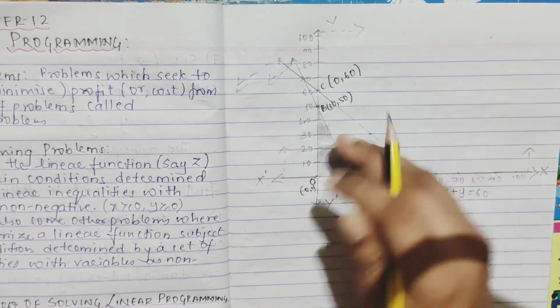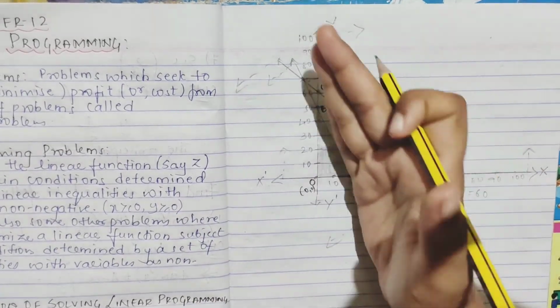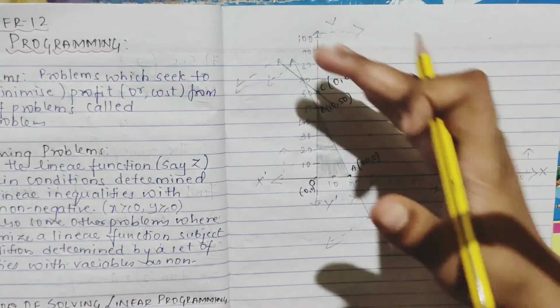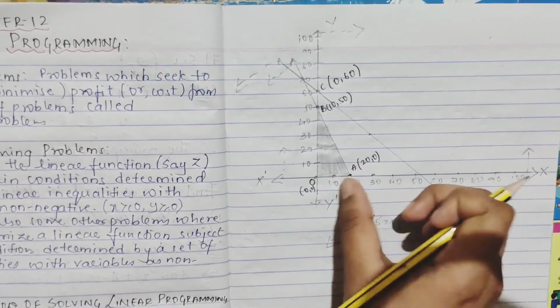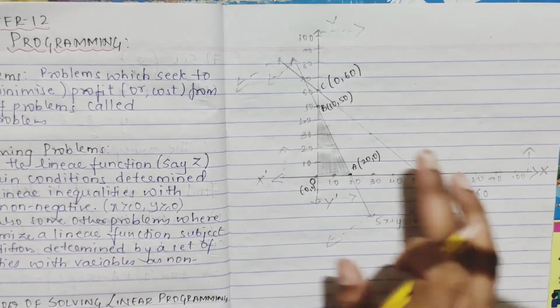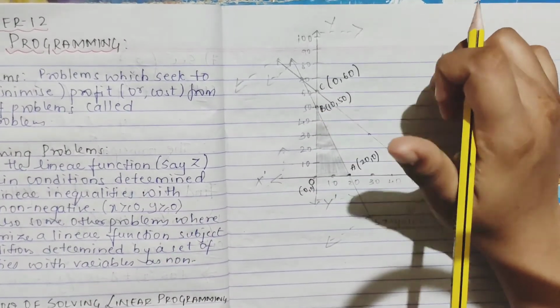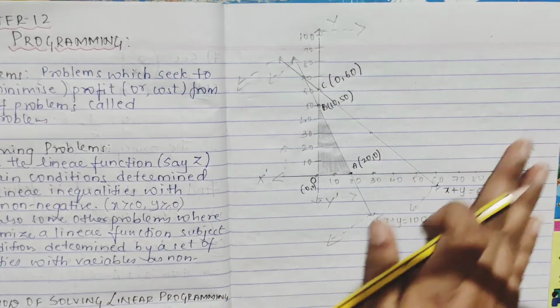From all your regions, whichever is common, that is it. It includes this straight line, the positive side of the x axis, and the positive side of the y axis. So we say this is the common region between all these 4.